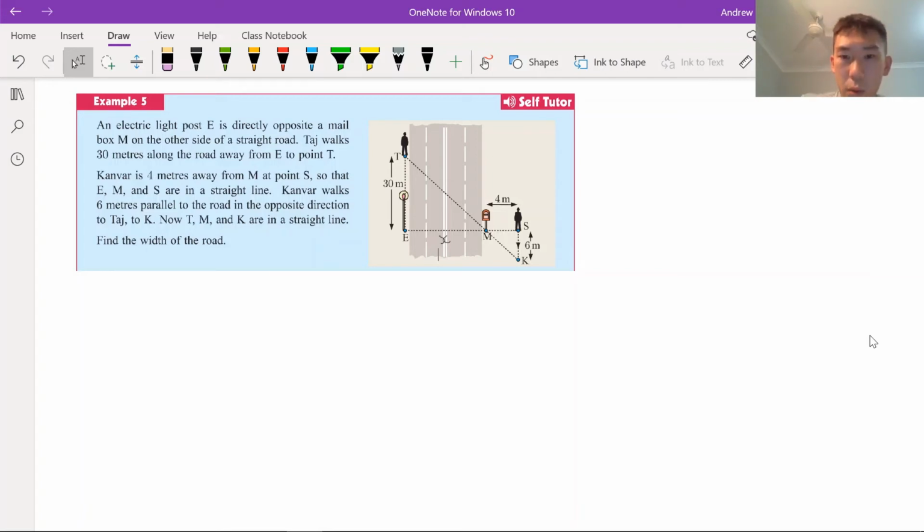Okay, let's start with these two here. So if I go EMT, angle EMT should be equal to angle SMK. Alright, and that's because they're vertically opposite.